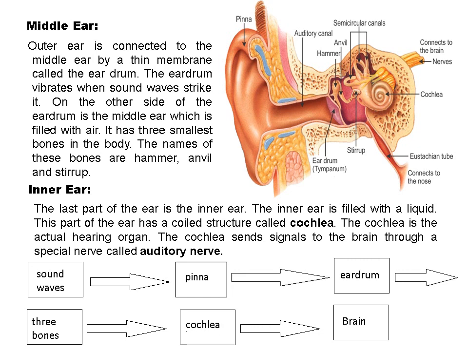You remember the names of those bones were hammer, anvil, and stirrup. Finally, the sound waves are carried to the inner portion of the ear where the most important part is the cochlea, and the cochlea sends sound signals to the brain through special nerves called auditory nerves. That is all about the structure of ear.